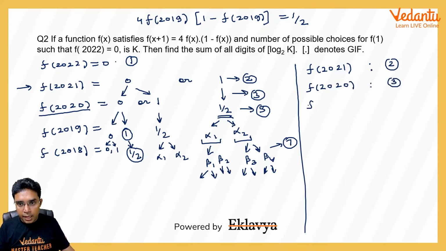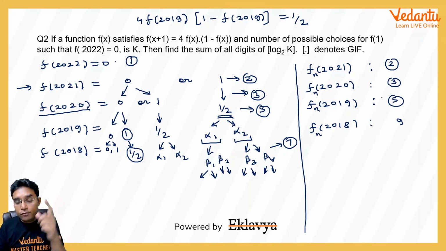Then for f of 2019 we are getting 3 into 2, 6 minus 1, 5 values. And then for f of 2018 we are getting 9 values. Let me call this as n, that is the number of such values. So you can see every time what we are getting is one less than twice the previous value.